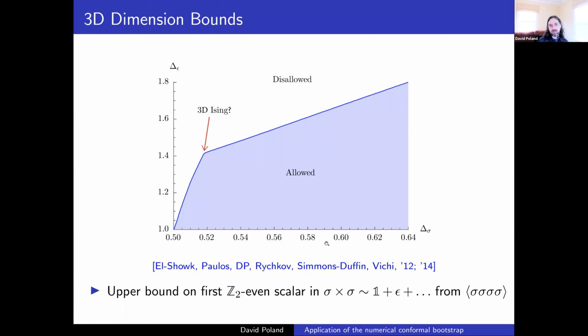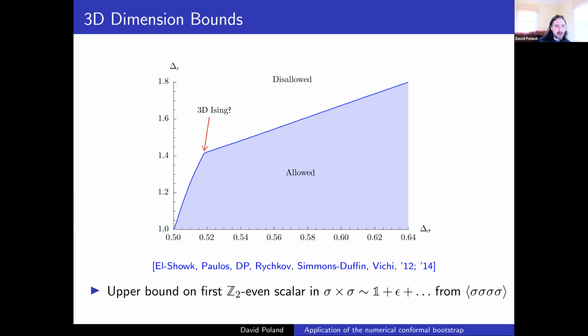And this bound has some interesting structure to it. It starts at the free theory value 1/2, goes up to some kind of kink, which appears to coincide with the known scaling dimensions in the 3-dimensional Ising model, and then goes off to the right. So this was the starting point for the Bootstrap applied to 3-dimensional CFTs, and it's a very intriguing one.